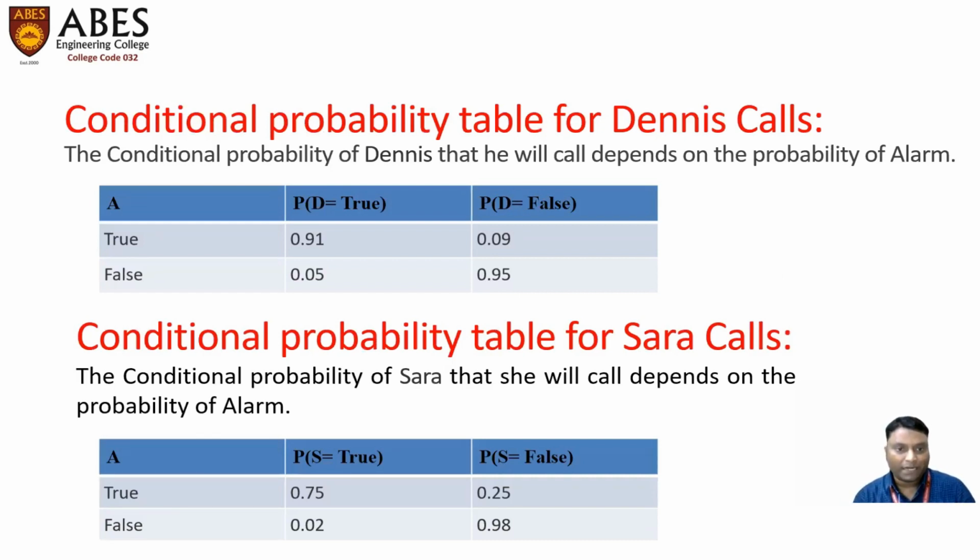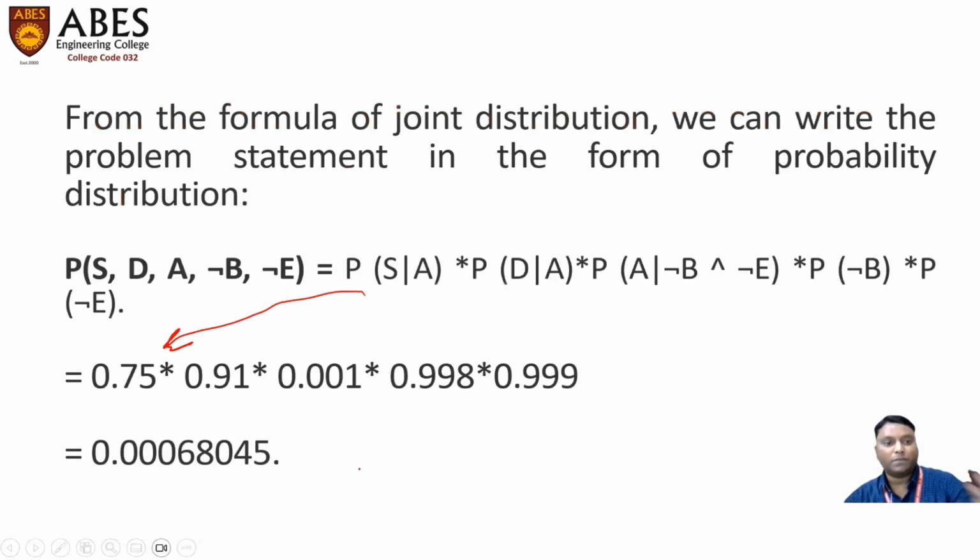We have to find the probability of Sarah calls when alarm rang. So alarm value should be true, and the probability of Sarah calls to be true. So the common value which we are going to get is 0.75. So we have written 0.75.